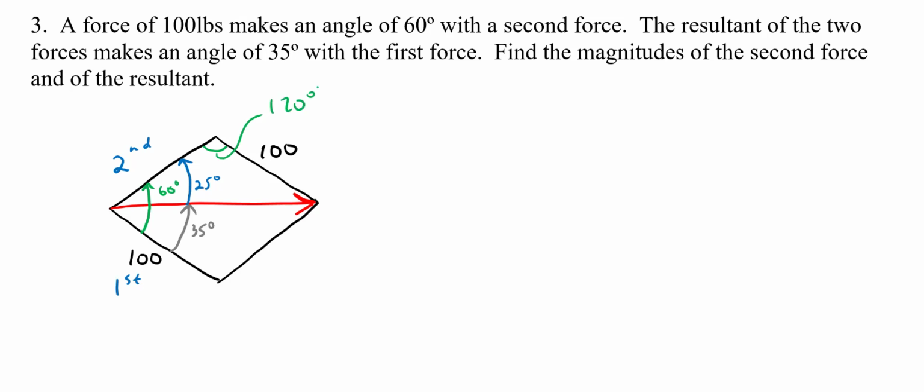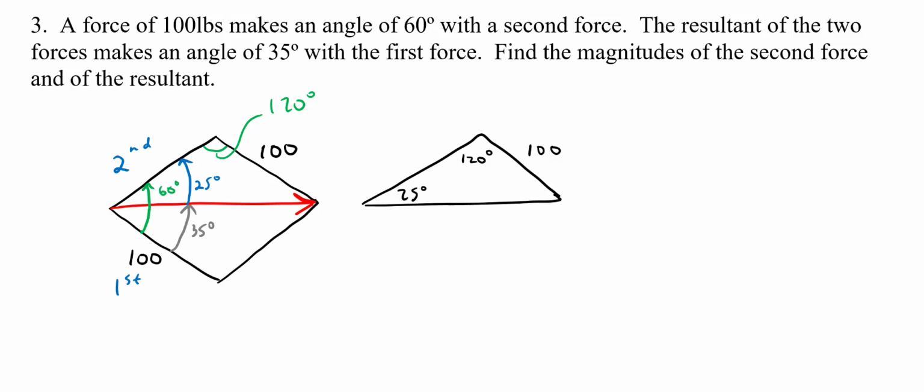All right, so let me draw that triangle now because we actually have enough information. Here's your triangle. We said this is 25 degrees. This is 120 degrees. We know this is 100. And that's all we know, but that's plenty of information.